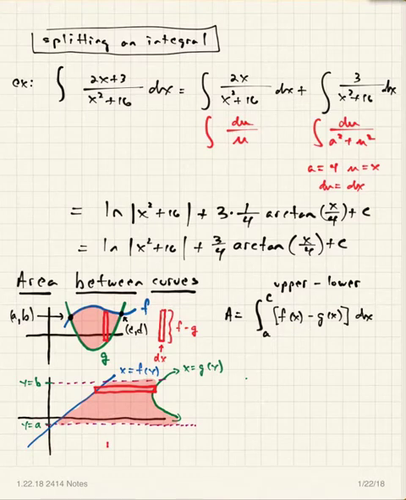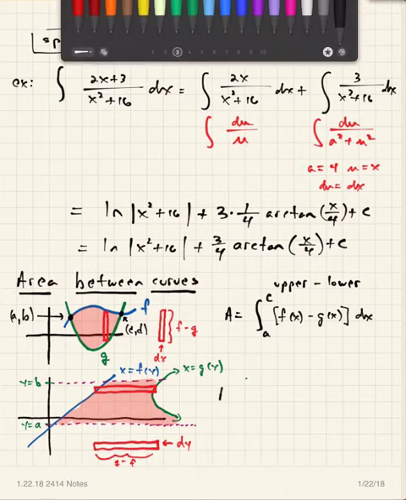When you're using a horizontal rectangle like this one, this distance is a change in y, and that's dy right there. And this distance would be the right curve minus the left curve, so g minus f. The area would be g minus f dy. The important thing is that the width of that rectangle is dy, and that's telling you to integrate with respect to y.